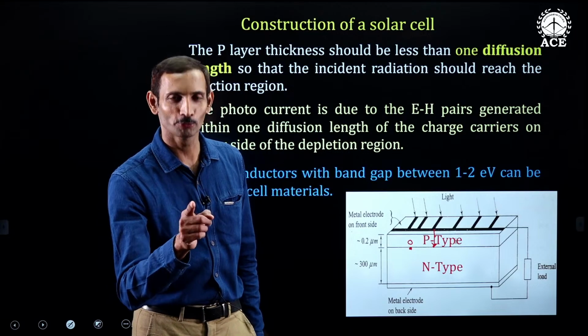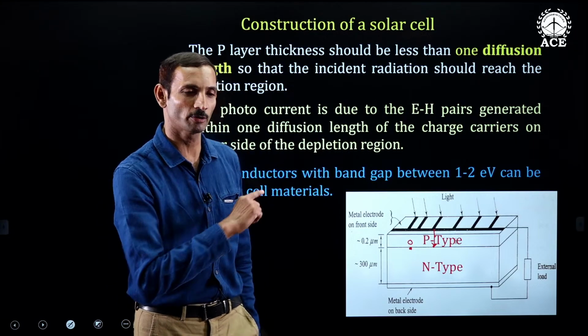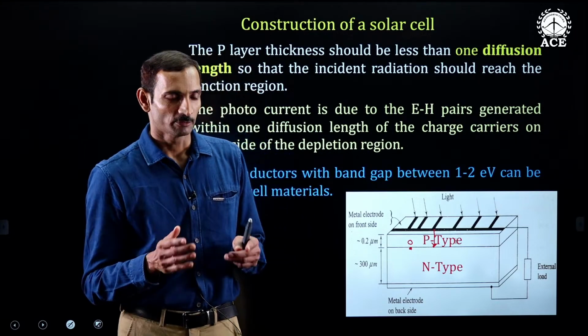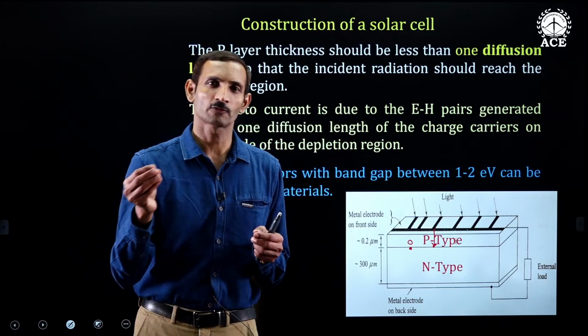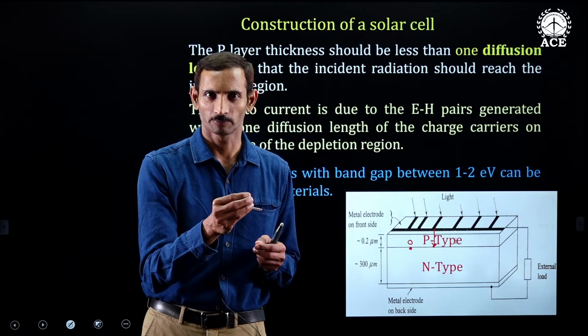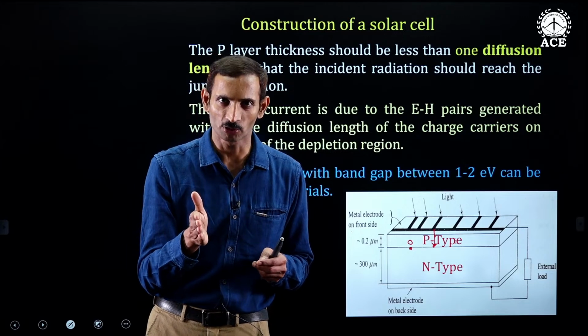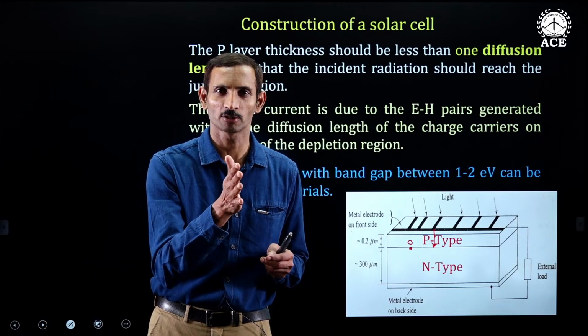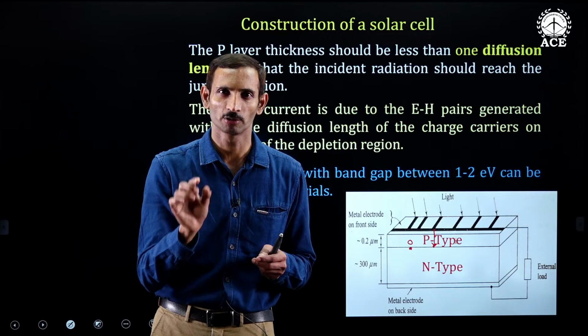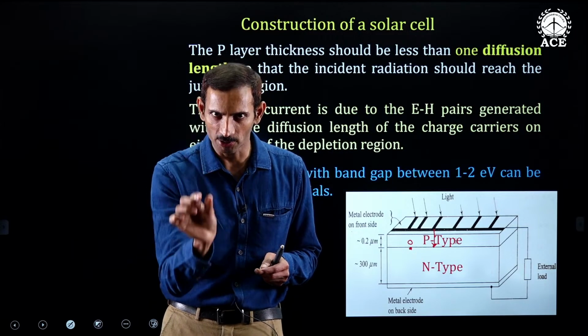I need not have to tell you, you know that. When we discussed the p-n junction diode, we understood that when the electrons from the n side move towards the junction, there is a loss of negative charge due to this movement of electrons, and thus a gain of positive charge. So the n side becomes positively charged.